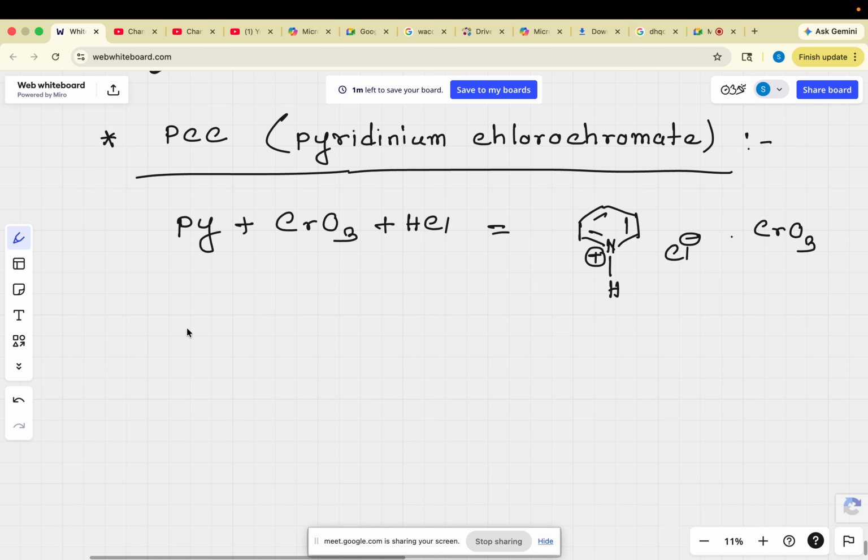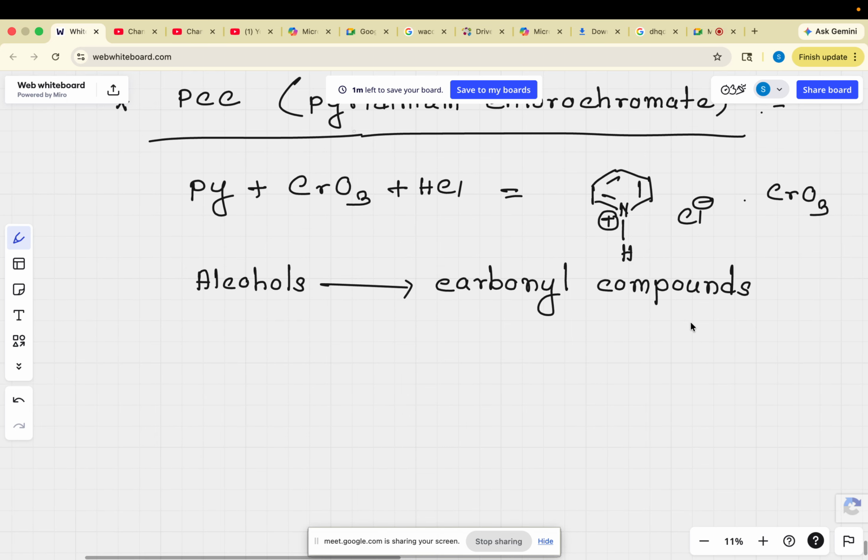Now what conversion will happen by this reagent? Write down that alcohols will convert to carbonyl compounds. The second point: it is a controlled oxidation, not full oxidation.